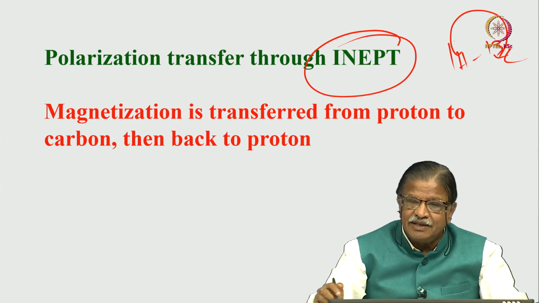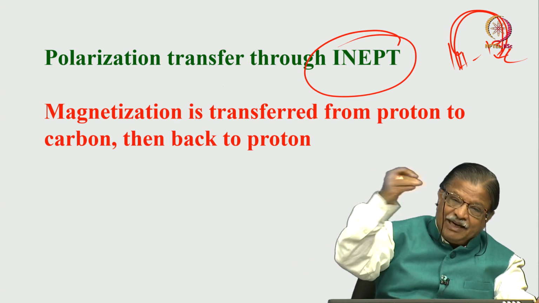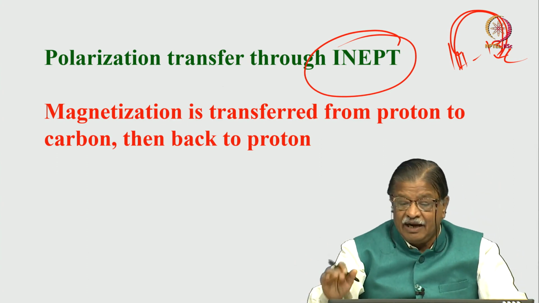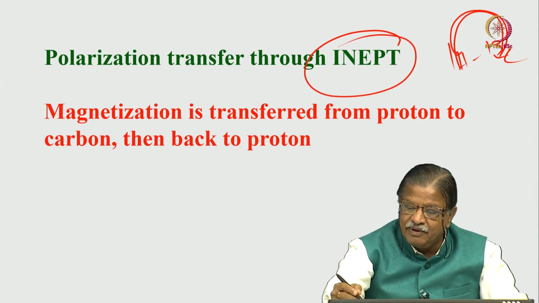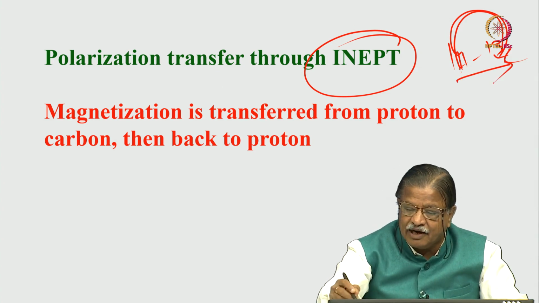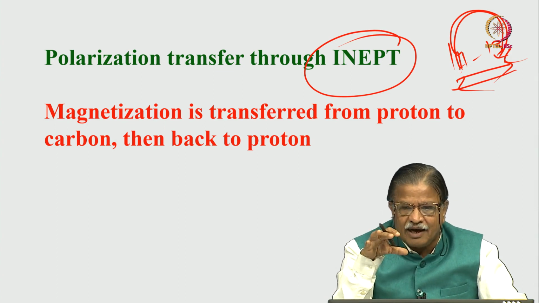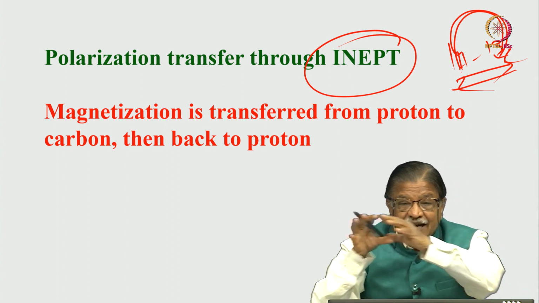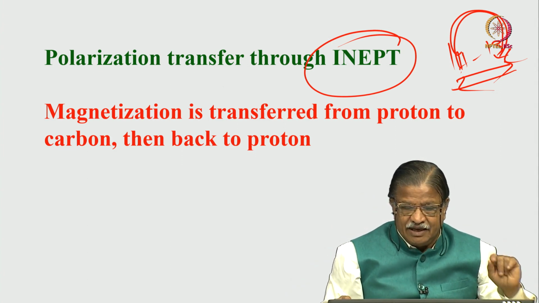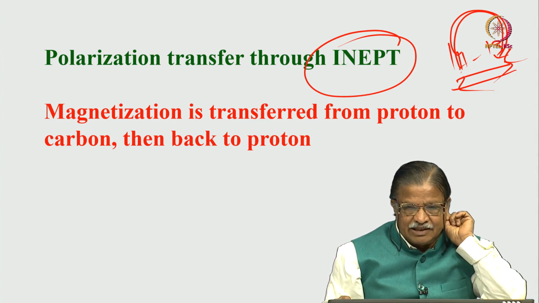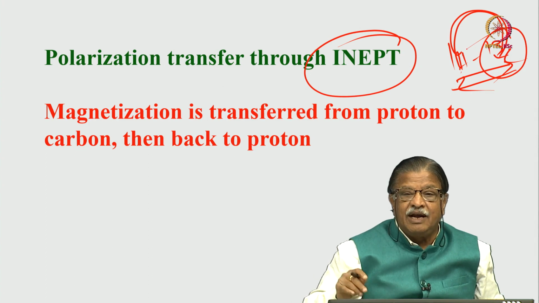What we will do is take the magnetization of proton, give it to carbon, and take it back from carbon to proton again. You understand? Give the magnetization from proton to carbon and take it back. In this process, I am detecting proton, but I get the information about carbon-13. That is the advantage. Directly I am detecting proton, a high sensitivity nucleus, saving experimental time, but I also get the information about dilute spins.